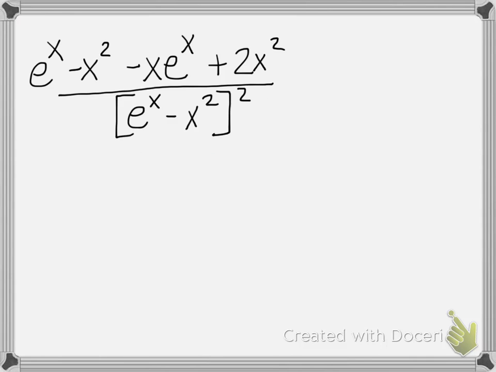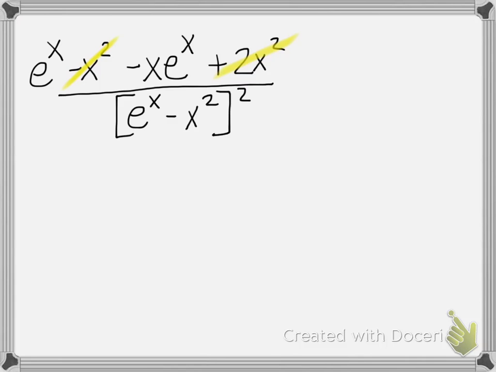Alright, so there's where we left off, and you could simplify this just a little bit right off the get-go without having to go too crazy. You see you have a negative x squared and a positive 2x squared.